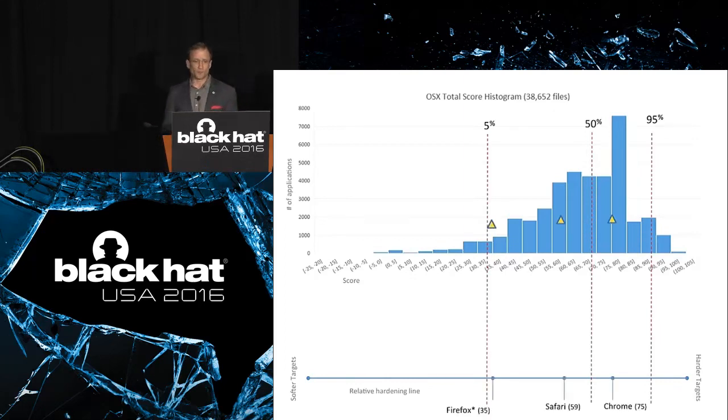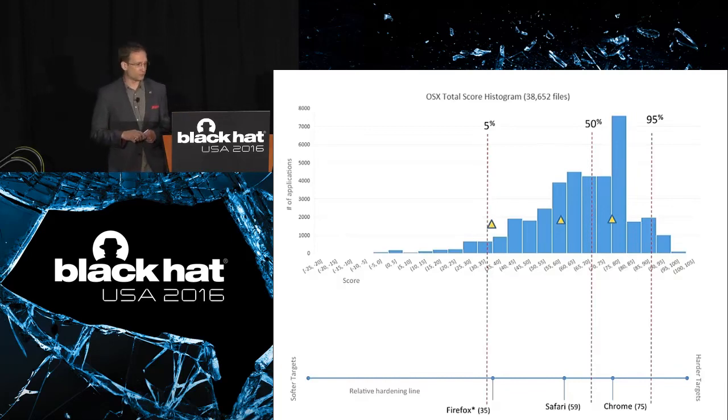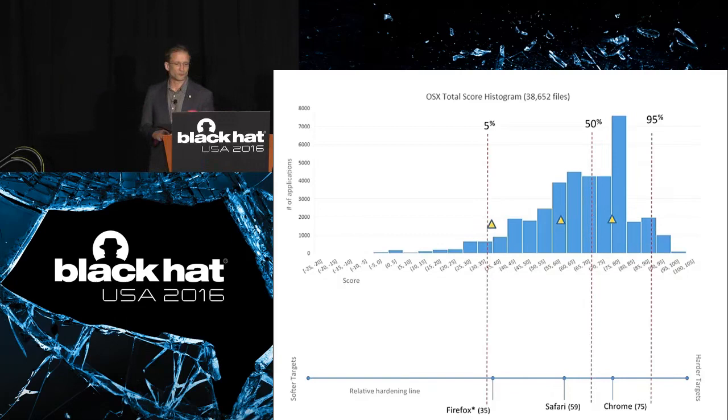A little different story. Here are your most popular browsers on OSX. Chrome on the far right, Safari still below the 50th percentile there, and Firefox having a little bit of a problem here.